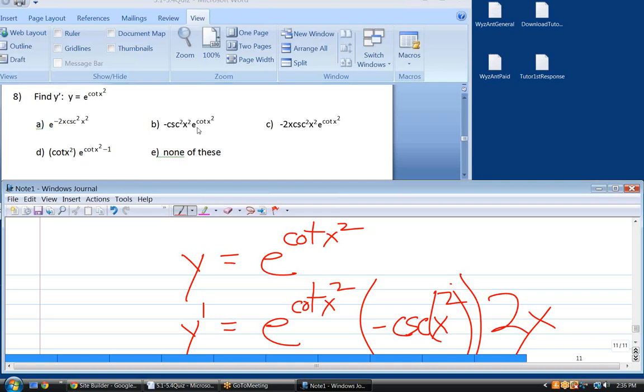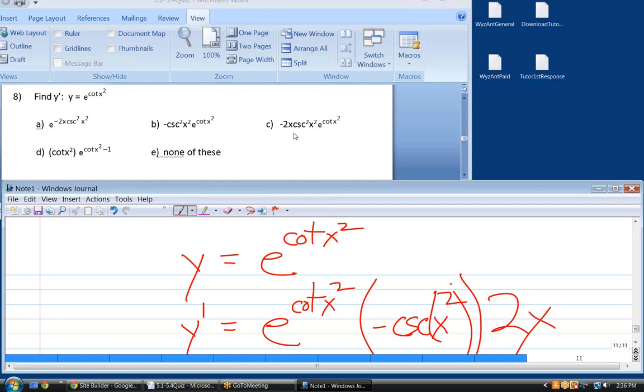Well, let's see. Hold on here. Here's our e to the cotangent x squared. There's our negative cosecant of x squared. There's no 2x there. This is the same answer with a 2x. So it's C. Notice that they always write it backwards.